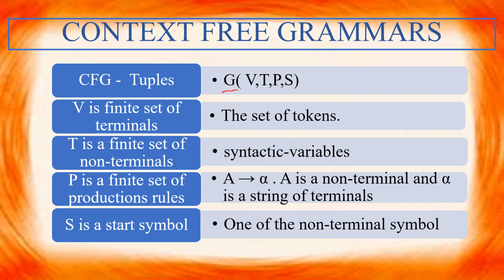P is a set of production rules, A implies alpha, where A is a non-terminal and alpha is a string of terminals and non-terminals. S is the start symbol, that is the first symbol, one of the non-terminal symbols.